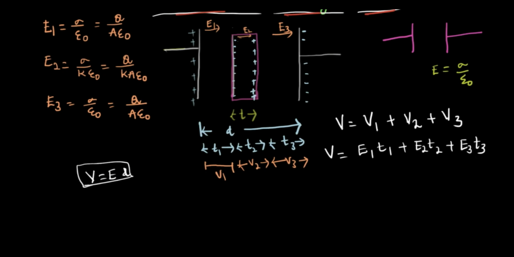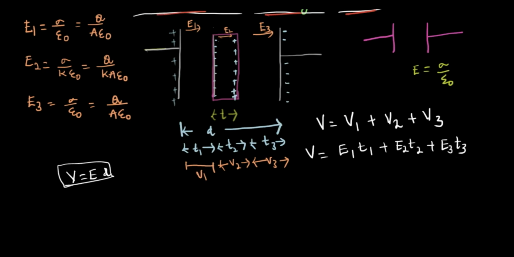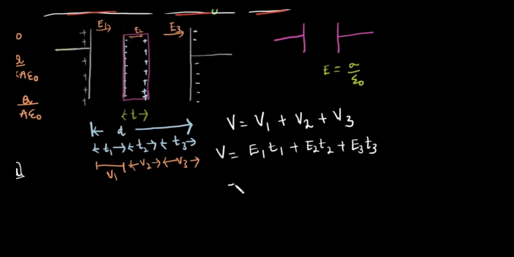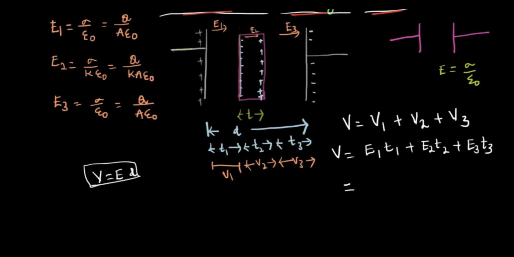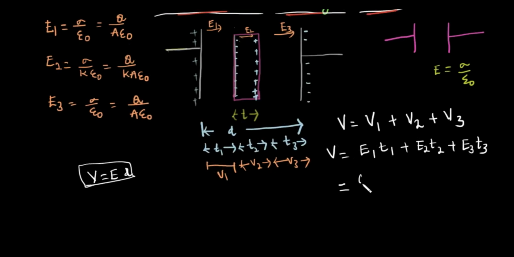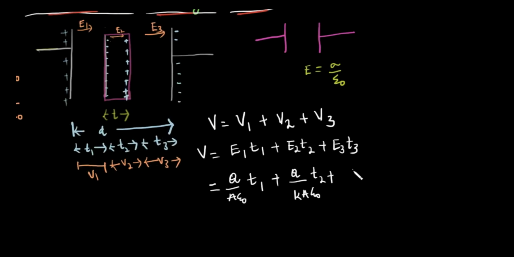Okay. Now I'll just substitute the values. What is the value of E1? q by A epsilon naught into T1, plus E2 is q by K A epsilon naught into T2, plus E3 is q by A epsilon naught into T3.